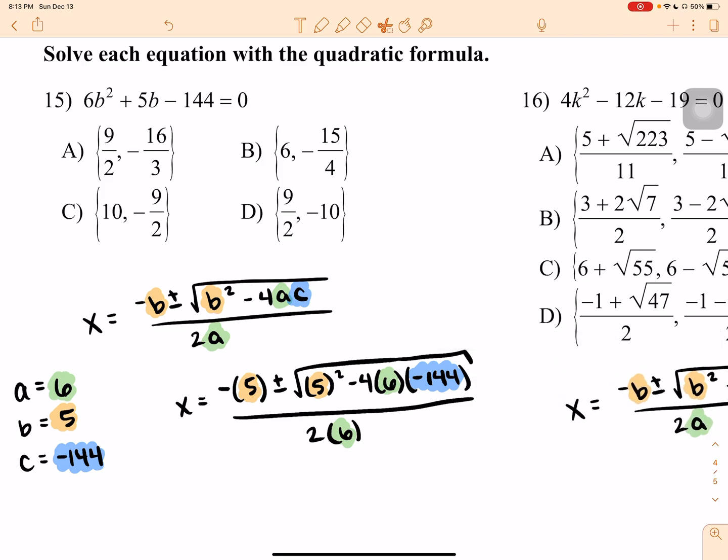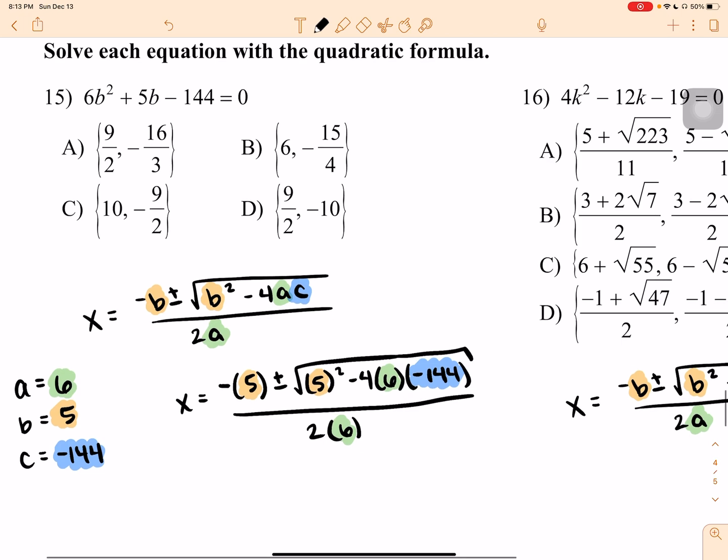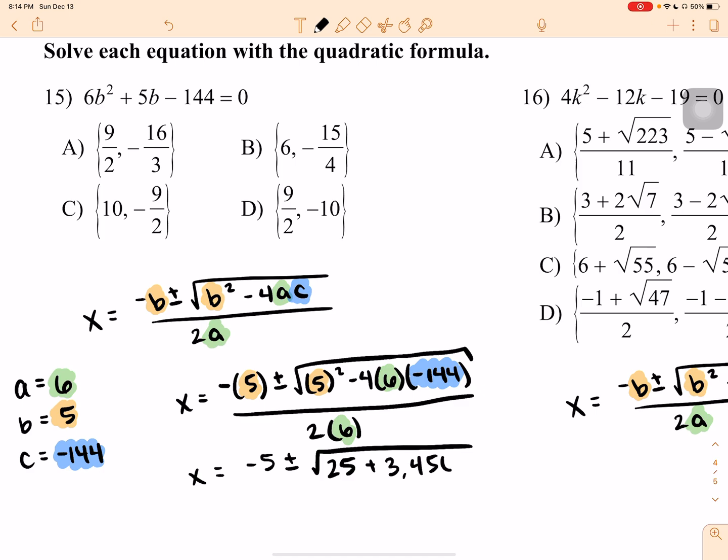Okay, so now I'm going to start simplifying. So this is going to be x equals -5 plus or minus the square root of 5 squared, which is 25, and then minus 4 times 6 times -144, which equals 3,456, all over 12. 2 times 6 is 12.